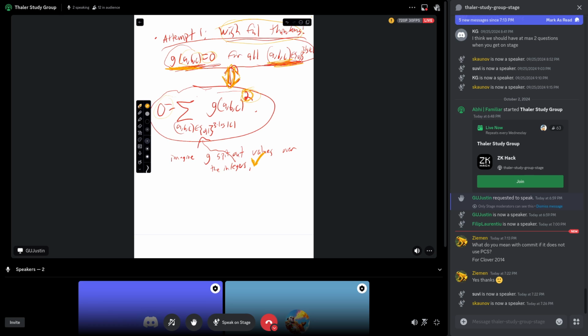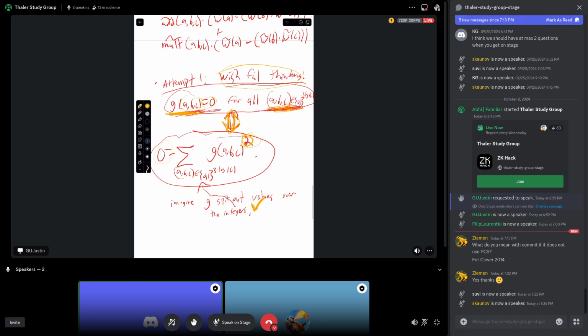Like if your field is all integers modulo 3, then 1 plus 1 plus 1 is 0 in that field, right? So 1 squared plus 1 squared plus 1 squared is 0. You can sum up a bunch of perfect squares and get out 0. And so that is the issue, the reason this attempt 1 is wishful thinking.